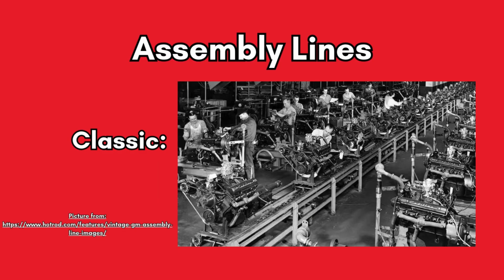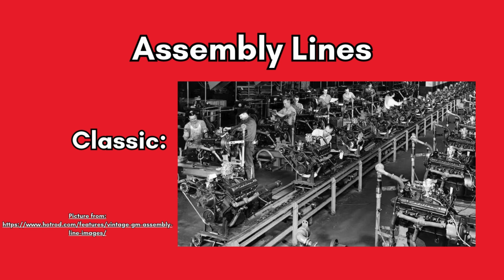So for assembly lines, there are three main types. The first type that I will be talking about is the classic assembly line. They are commonly seen in automobile manufacturing, appliance production, and other producing industries.